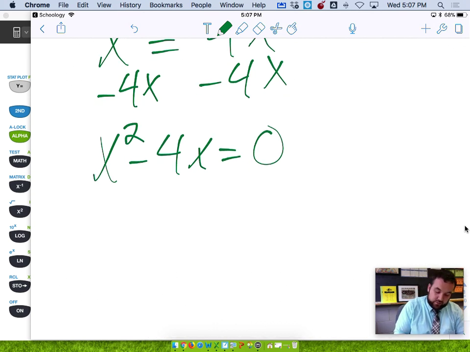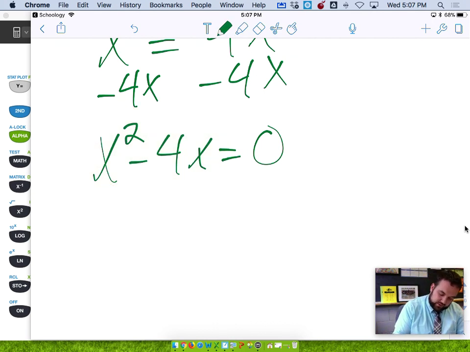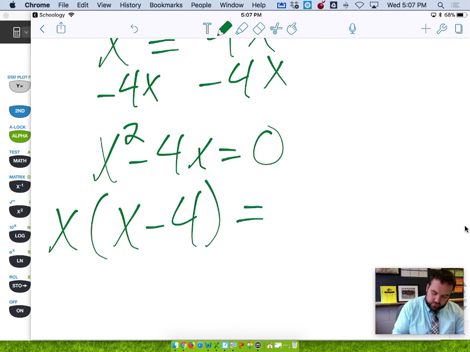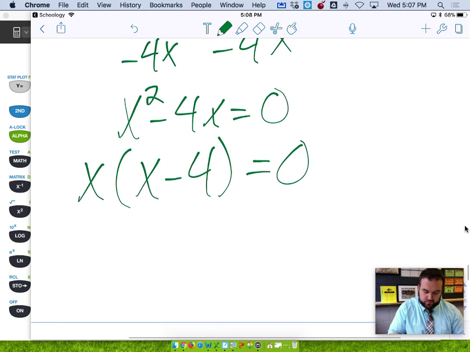You technically can do the quadratic formula, but if I recognize that these two terms have something in common, they both have the same variable x. So I'm going to write this as x times (x minus 4) is equal to 0. I'm basically undistributing one of the x's.